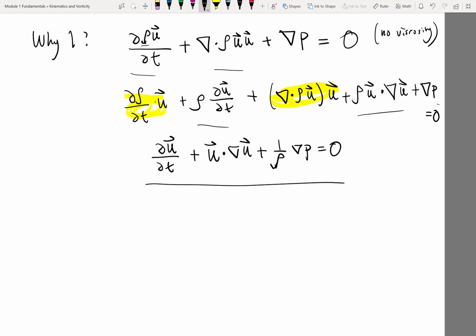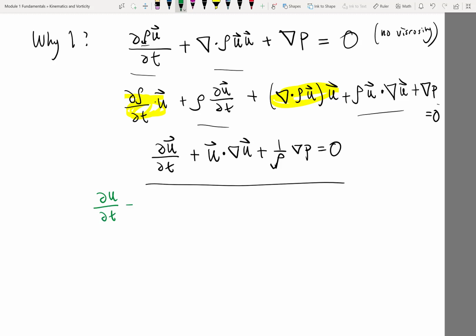We'll try not to use these fancier calculus tools and do it very slowly. So this equation basically means two equations. Let me use u and v consistently. The u with the vector sign means u and v. The u without the vector sign just means x velocity, and the v means the y velocity.